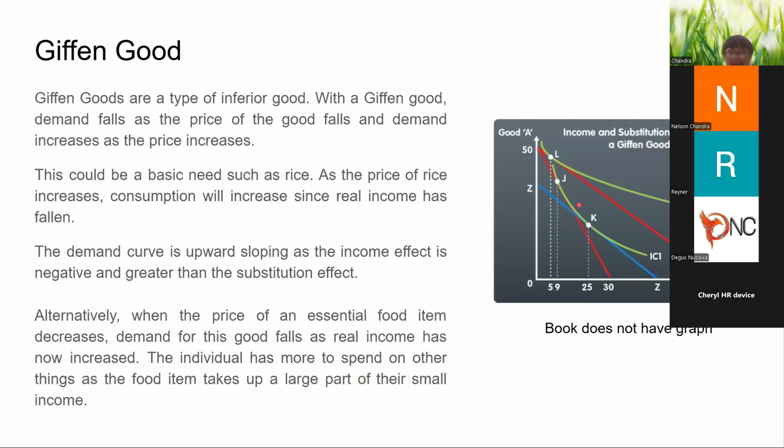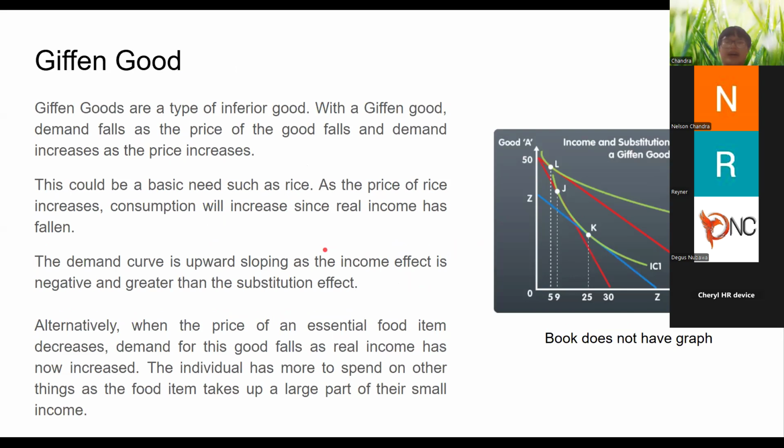Okay, and Giffen goods are the extreme form of inferior goods. For the substitution effect, no further explanation, because it will be exactly the same as for normal and inferior goods.